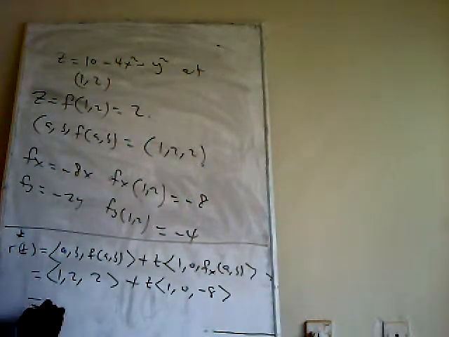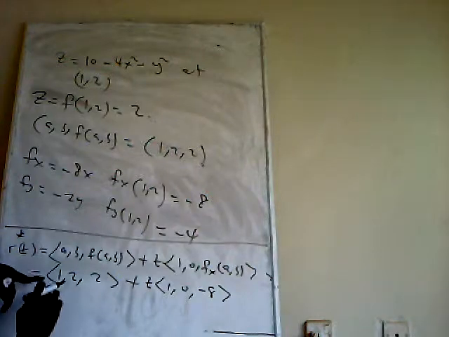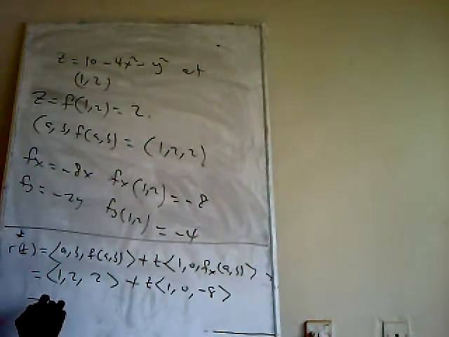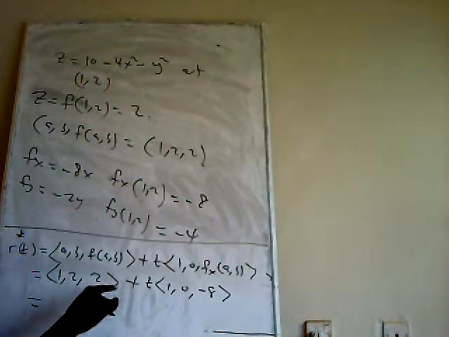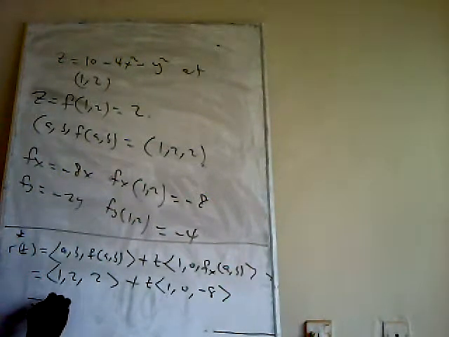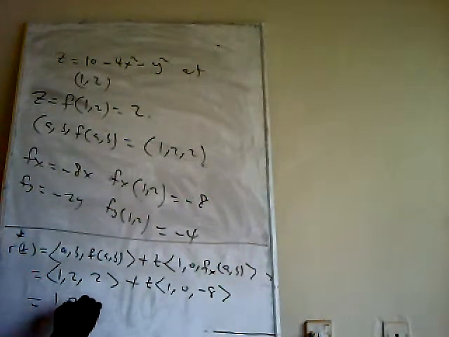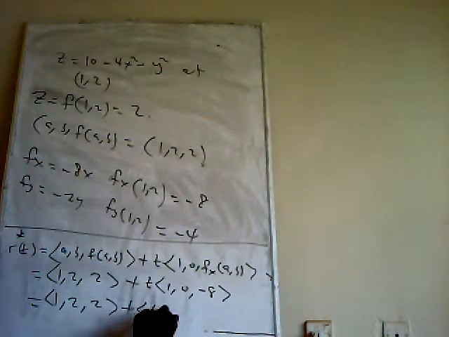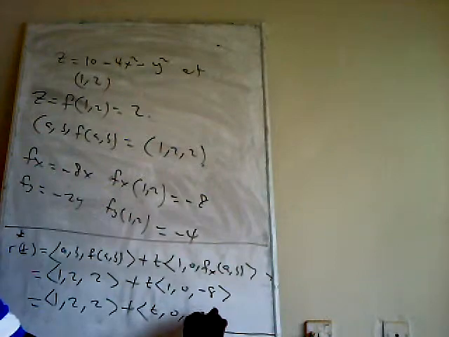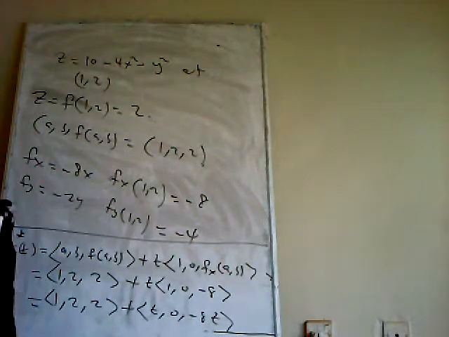Okay. So this here is going to give me vectors when we are adding, right? Okay, let me just write it here. 1, 2, 2, plus 1 is 1 plus 1, I get t, 0, minus 8t.